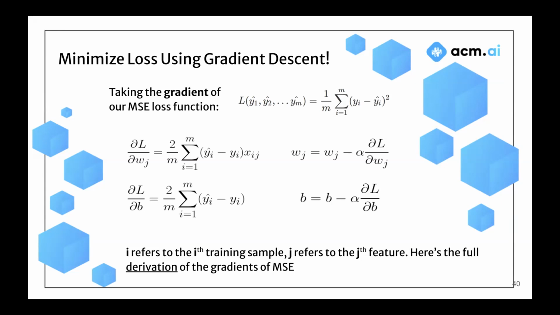Remember, that's what y hat is. So we can't just say this is a constant value quite yet, because there is a b inside the squared value. So what that means is we have to apply chain rule.